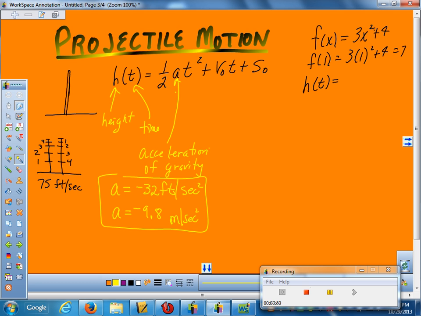Okay. So t, once again, is still time. That doesn't change. Now, I got asked last chapter, what are the little o's? Why are there o's on it? Those are zeros. Why would they write, well, let me ask you this. What do you think v is? It's velocity. So why would it have a 0 on it? It's initial velocity.